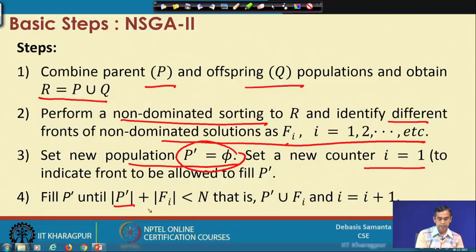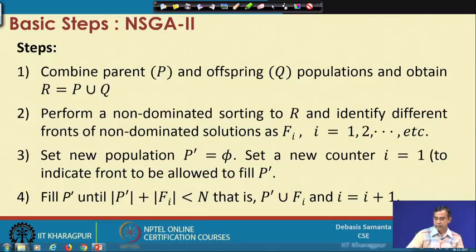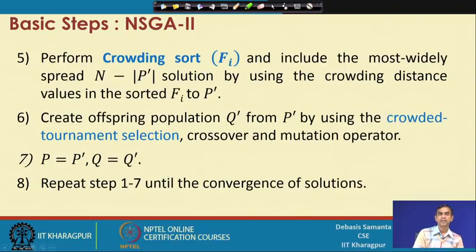Now, P dash plus front 1 should be added so that it is less than n, and we stop this adding when it becomes greater than n. For the greater than n case, we have to consider a selection method called the crowded tournament selection procedure.